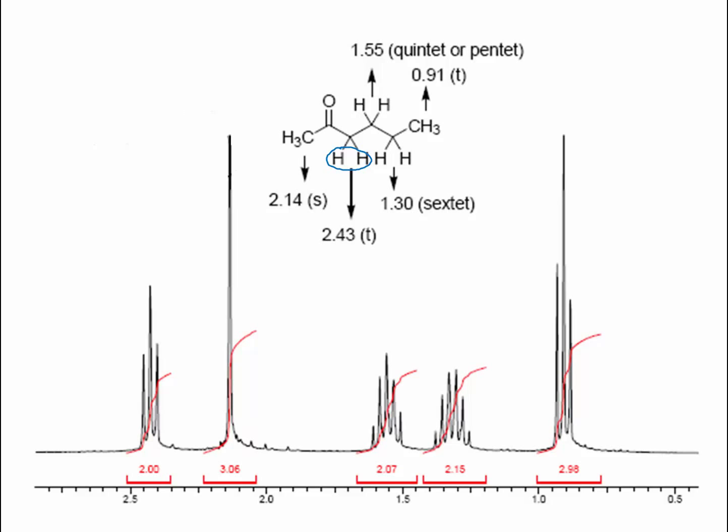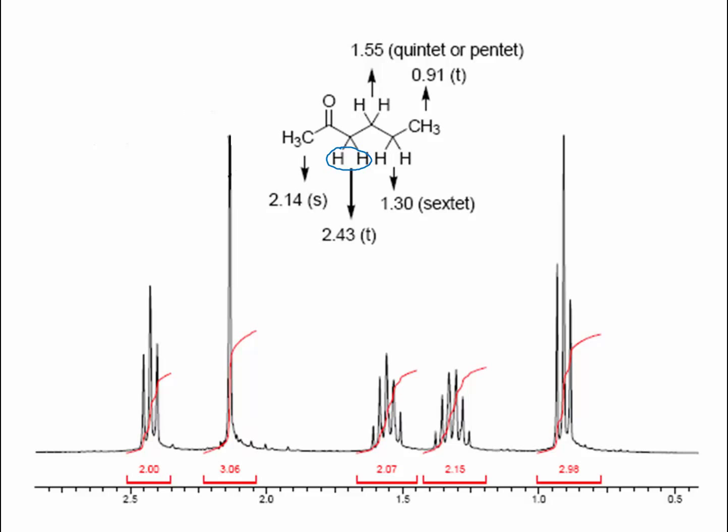are appearing as a 5-line pattern, and that's this pattern here, or a quintet or a pentet. Okay, these 2 hydrogens are split by 5 hydrogens. Therefore, n+1 would give us 6 lines. So here we're seeing the 6-line pattern, or the sextet.